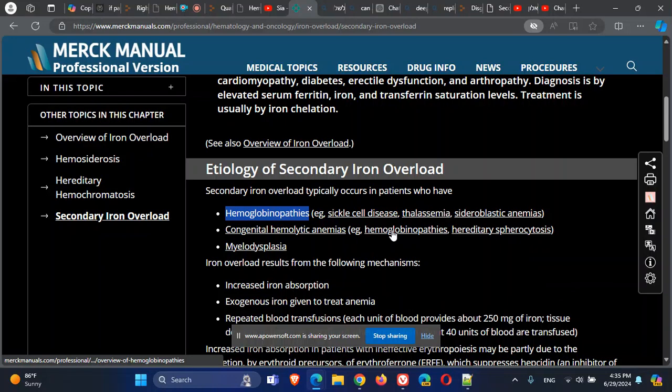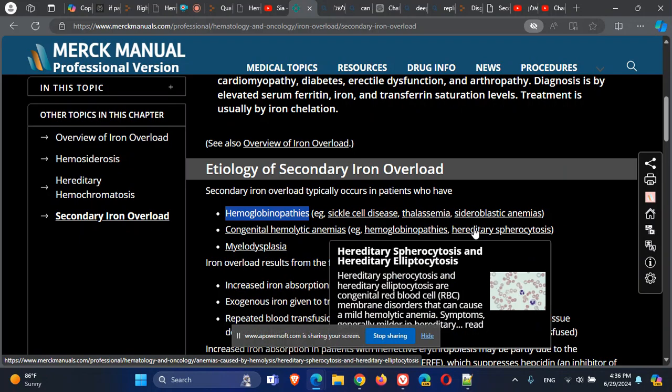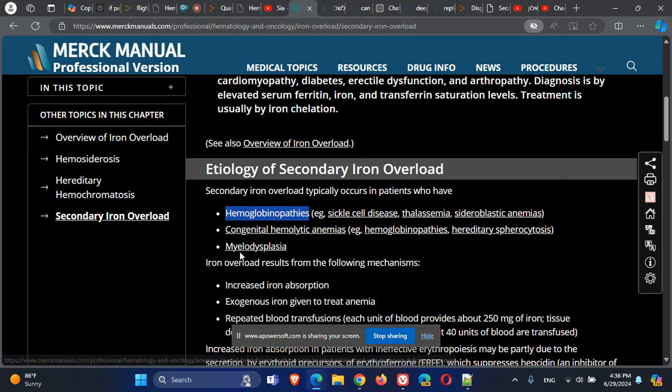Congenital hemolytic anemias, hemoglobinopathies, which can cause hemolytic anemia because they don't pass really well in the spleen and they get sequestrated in the spleen and destroyed, hereditary spherocytosis, which also causes the same thing, and myelodysplasias, which can cause cytopenias.